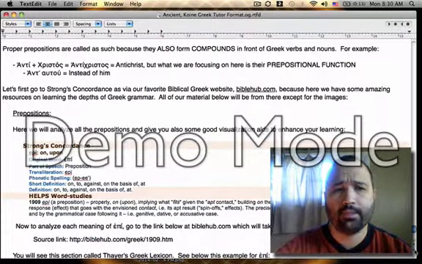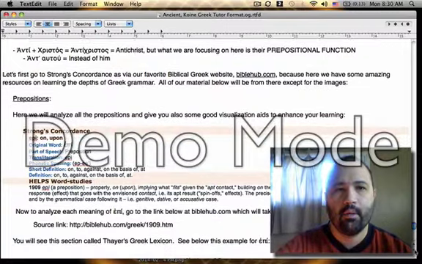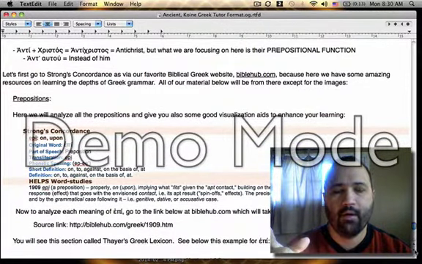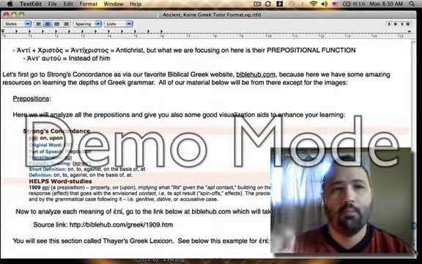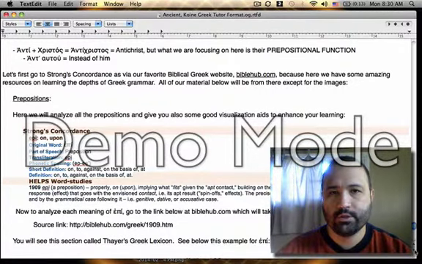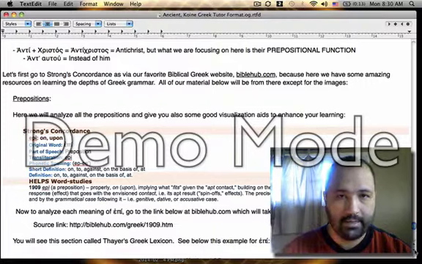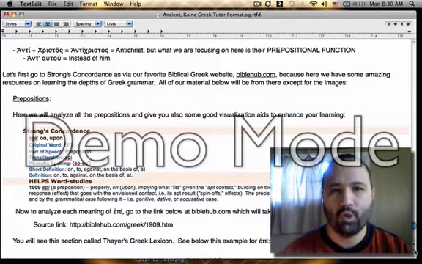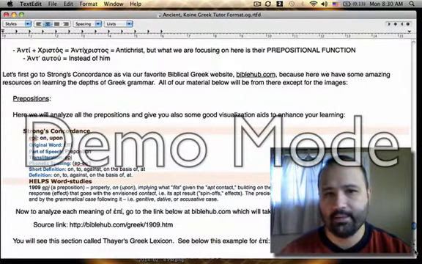Proper prepositions are called as such because they also form compounds in front of Greek verbs and nouns. So, for example, anti, which means instead of or against, plus Christos, which is Christ, equals antichristos, which is Antichrist.